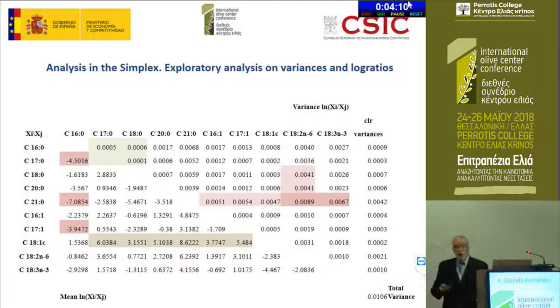Well, it tells us which ratios have the biggest variance, the highest variance. And they could be the most interesting to detect any effect of treatment or any effect of cultivar and so on. Then this is almost a first step to select those ratios of greatest interest for us.